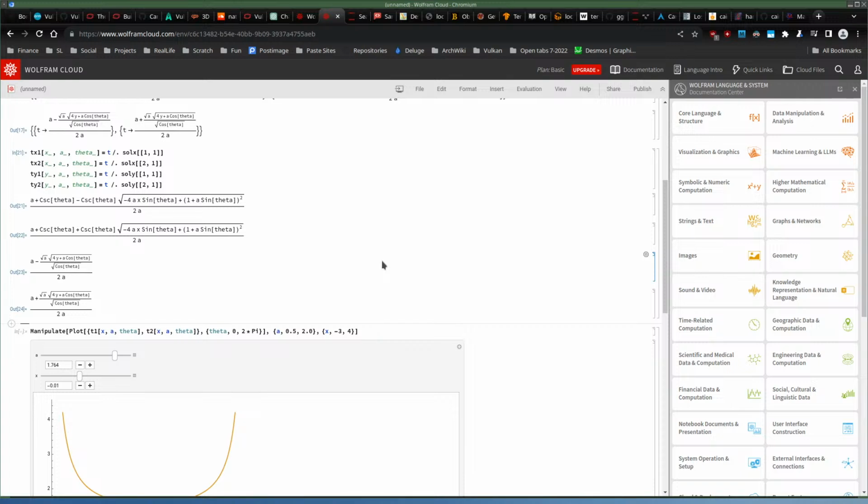I think I just have to add another slider, namely the Y slider, which I guess we can also run from minus 4 to 4. And then we want to plot both solutions of the other one. So this is T1, T2, and you keep adding it, but I renamed it to TX1.